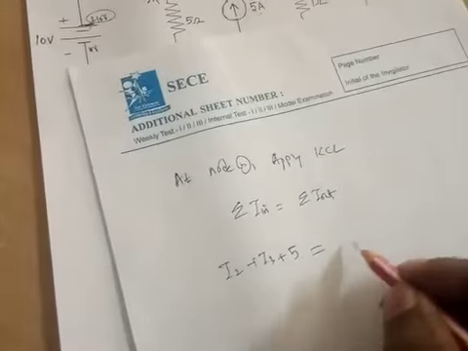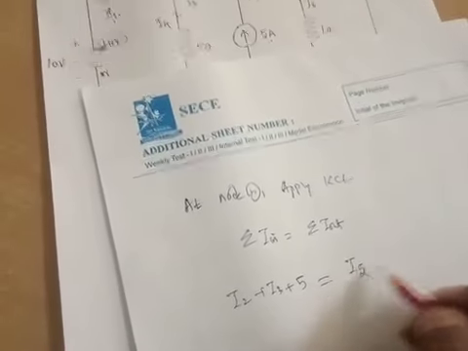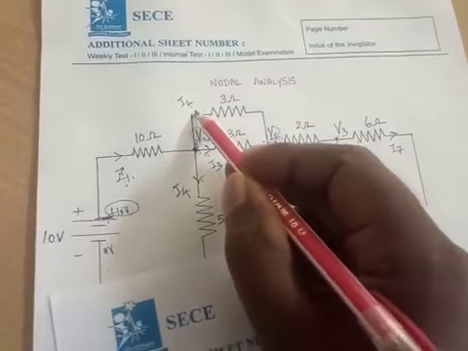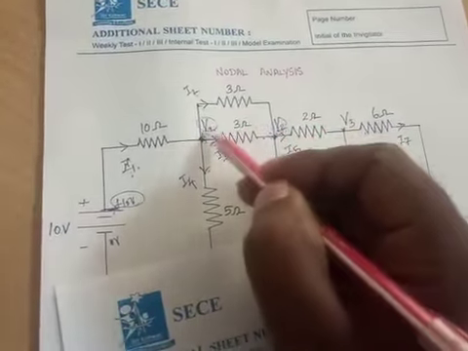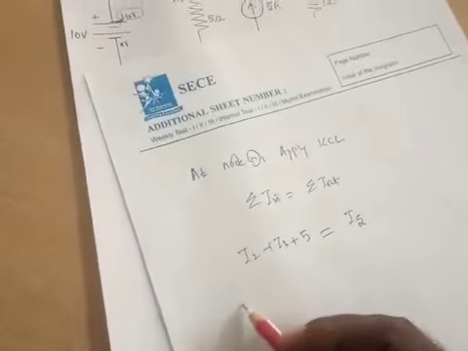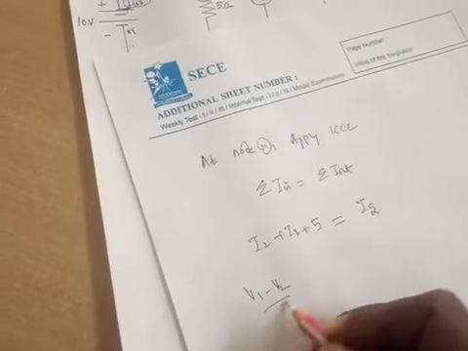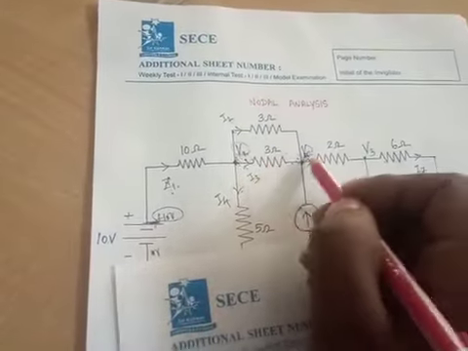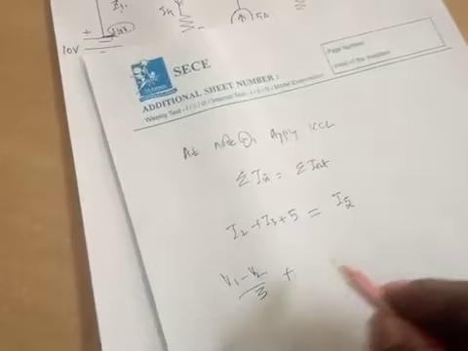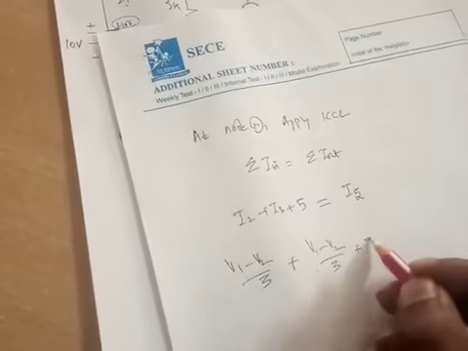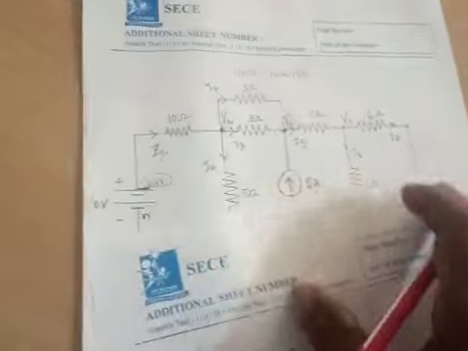So write it in the right hand side, I5. What about direction of I2? Your I2 is flowing from V1 potential to V2 potential. So I2 can be written as V1 minus V2 divided by 3. And I3 current also flowing from V1 to V2 potential. Potential difference is V1 minus V2 divided by 3 plus 5 is the current source. They have already given the current 5 ampere.